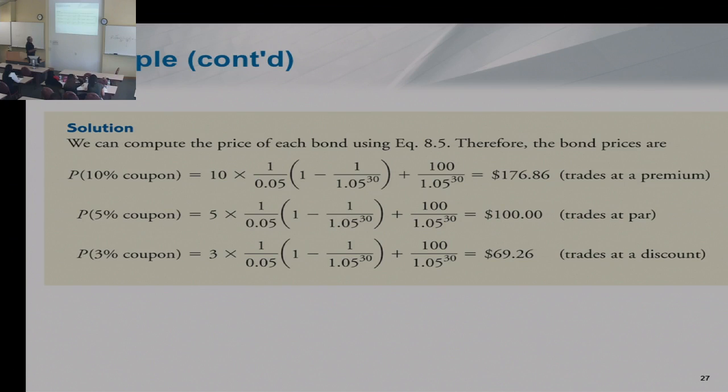If the required yield is 5% and you're getting a $10 coupon, then it will trade at a premium because you're getting $10 rather than 5. If you're getting the $5 that you ought to be getting at a yield of 5%, it'll trade at par. And if you're getting only $3, then the interest payments are pretty low and it'll trade at a discount.